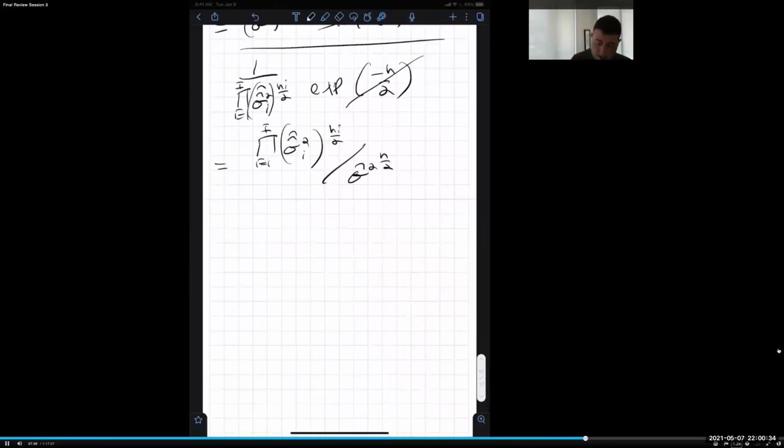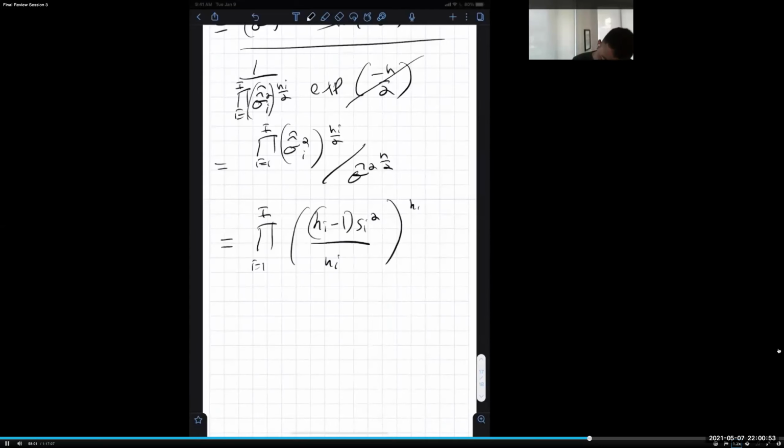But essentially, if we look at the definitions for the sigma squared double hat I, they tell us it is just ni minus 1 times si squared over ni. And again, we just keep this ni over 2 power. I didn't move that, that's just from here.